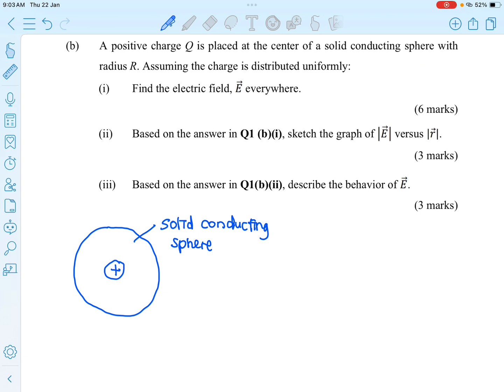Everywhere means that we have to find the electric field when R is less than the radius of the conducting sphere.